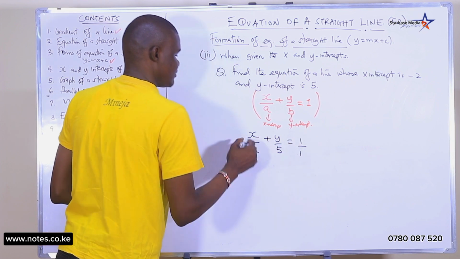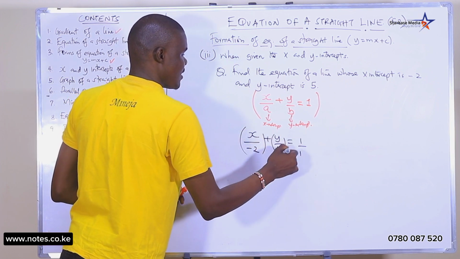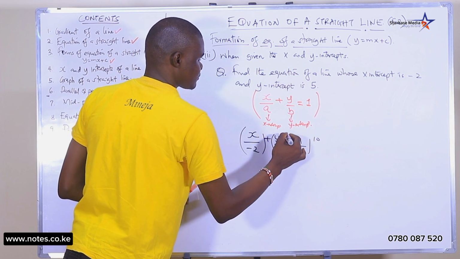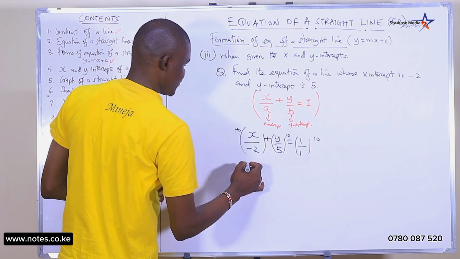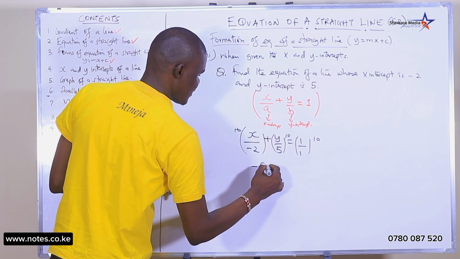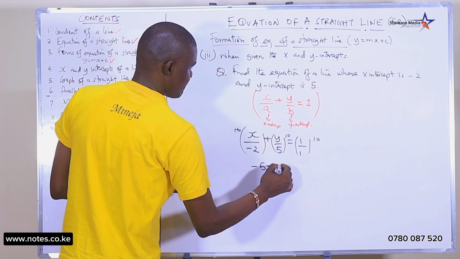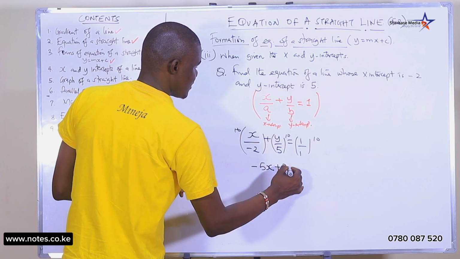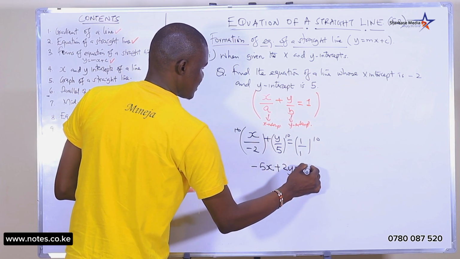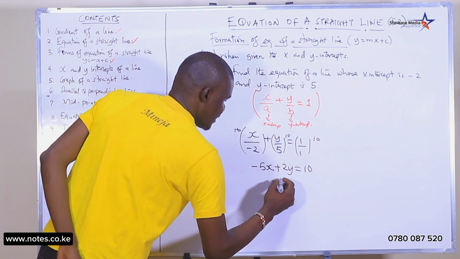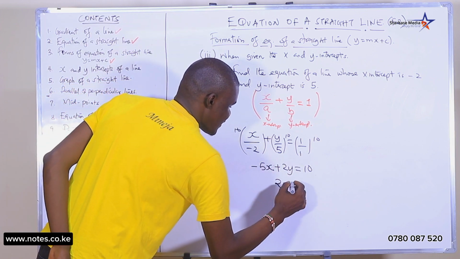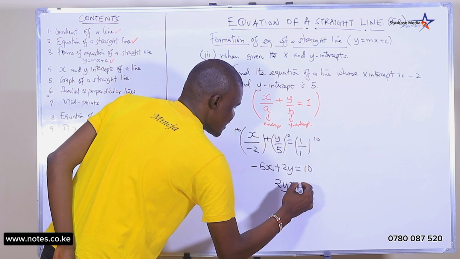Get the LCM. The LCM of these is 10. So when you simplify, you're going to get -5x plus 2y is equals to 10. I think that is right. So we take y one side, x the other side.